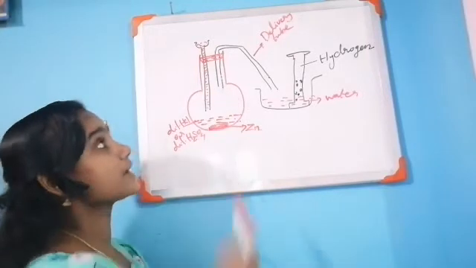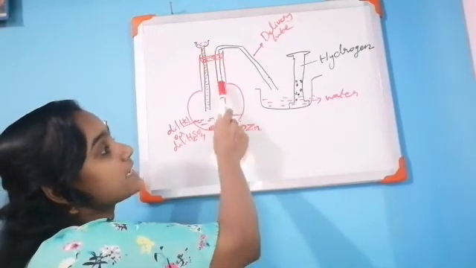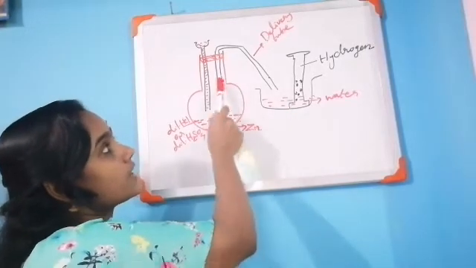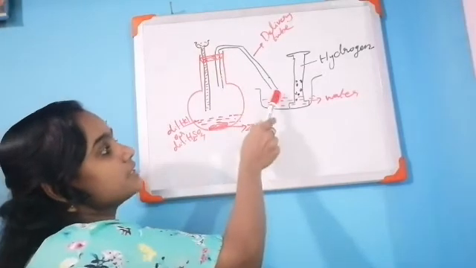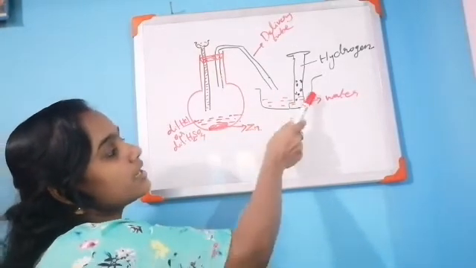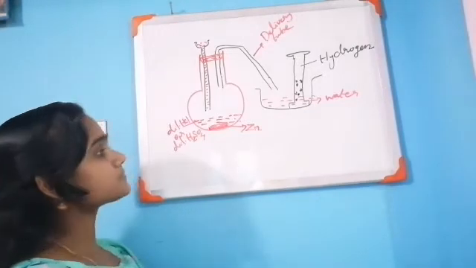This is the thistle funnel and this is the delivery tube. One end of the delivery tube is connected to the flask and the other end is connected to another container, which is filled with water.